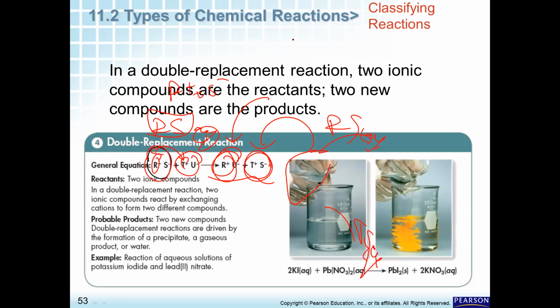So when the replacement happens, the RU in this case, like for example lead iodide, is water insoluble, and that's why it will form a precipitate. Anyways, that will be the topic for section 3, which we will do now.